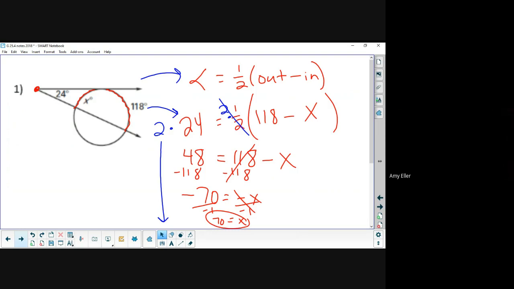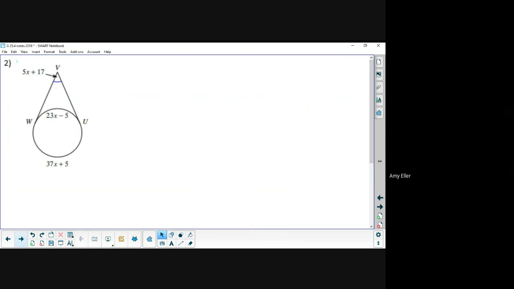I'll tell you number 2 is probably going to be the longest one in terms of algebra, I think. Yep, number 2. Let's look at the angle. It's outside, so let's write the formula. Fill in your angle. 5x plus 17.